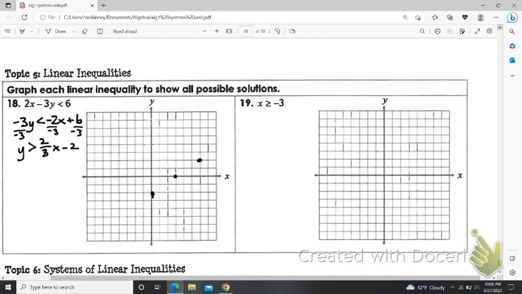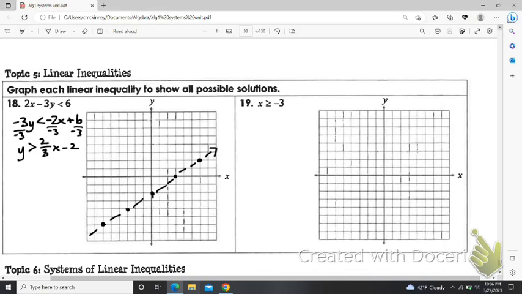Also could go down 2 and left 3. And this will be a dotted line, right, because it does not have the or equal line.